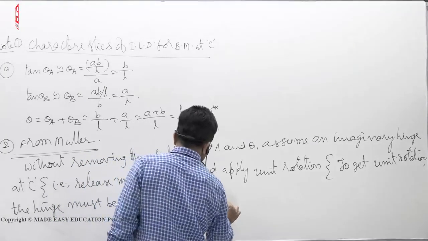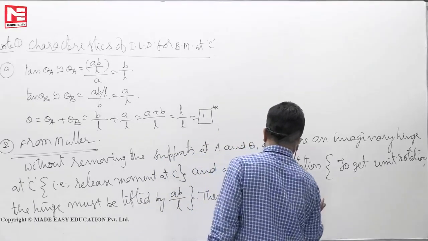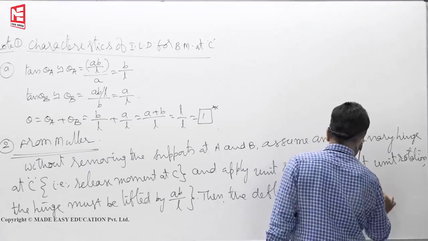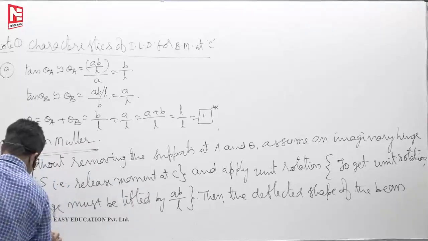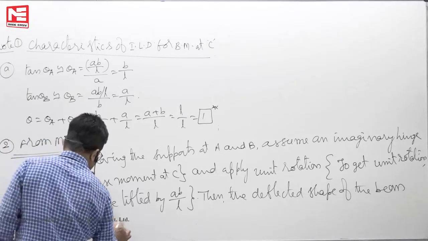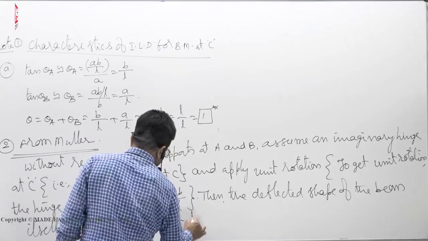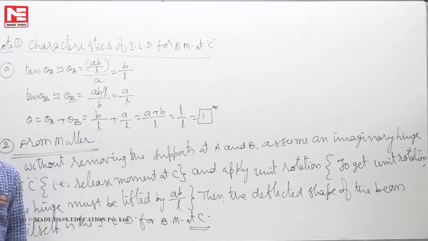Then the deflected shape of the beam itself is the ILD for bending moment at C. This is the process.